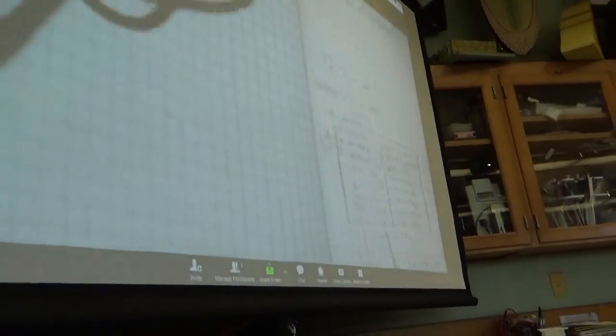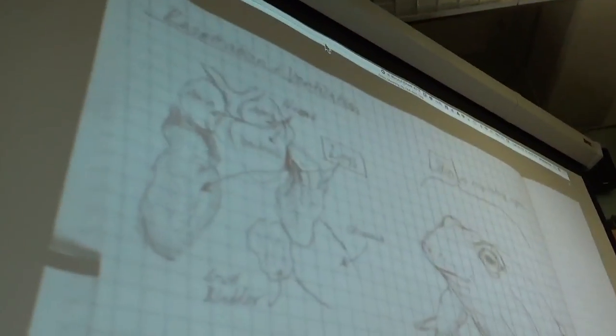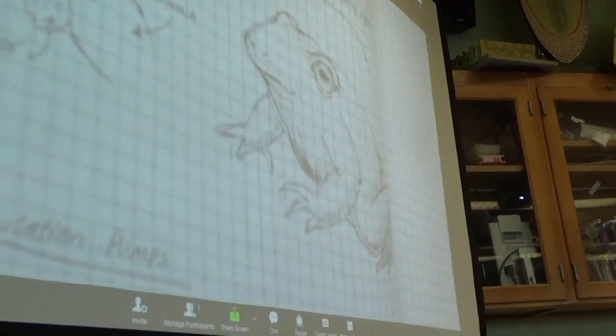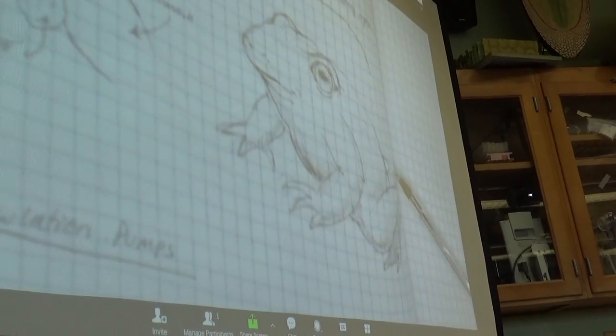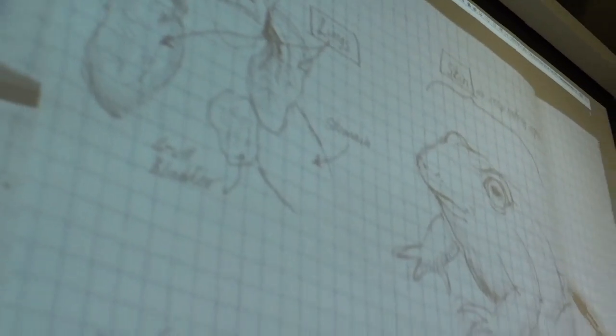And then the respiration and ventilation is up here. It's basically just got some smaller lungs. They're small just because they don't do a lot of breathing through their lungs. A lot of the gas exchange is done through the skin, which is why I drew this whole frog. Humans have 4 chambers, frogs have 3 chambers.